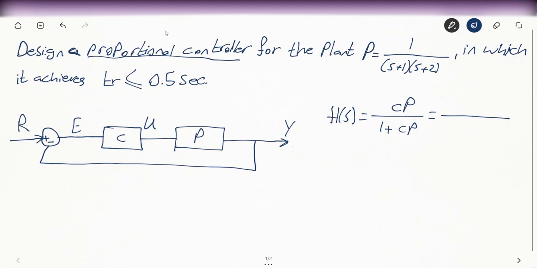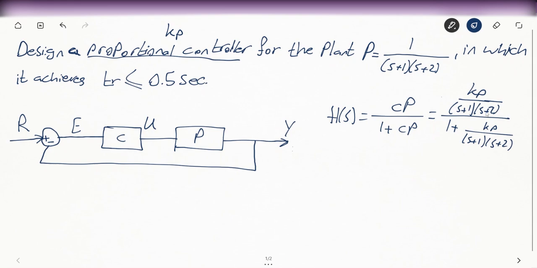It's simply a constant, so let's call it K sub P. So the controller itself is K sub P, and the transfer function of the plant is given here, 1 over S plus 1 times S plus 2. Then we will do the same for the denominator: Kp over S plus 1 times S plus 2.